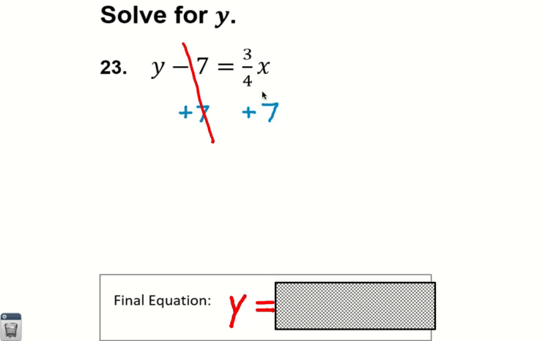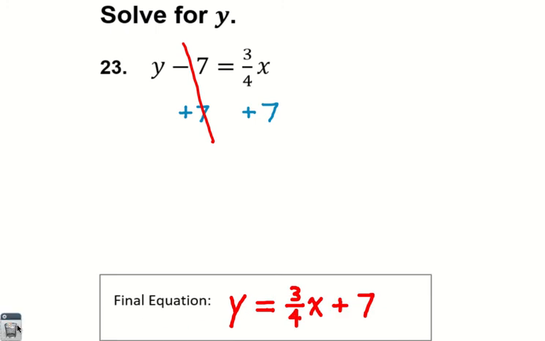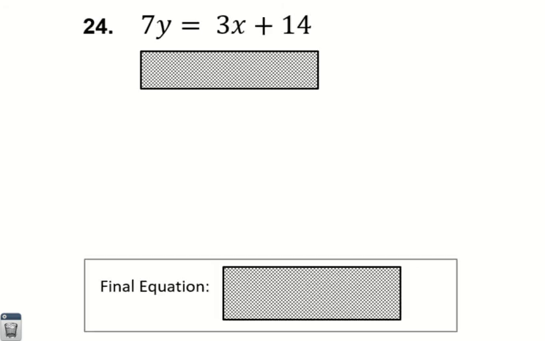So the right side is just going to be 3/4 x plus 7. You have to leave them as separate terms over here on the right side. And, hey, just like solving for x, whenever you solve for y, whenever you're at the spot where you've gotten y all by itself, you're done. You stop. And so this is the final answer.